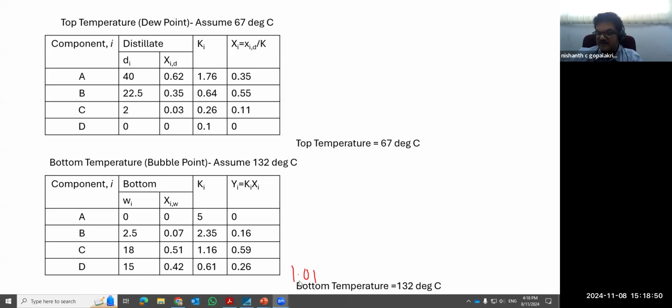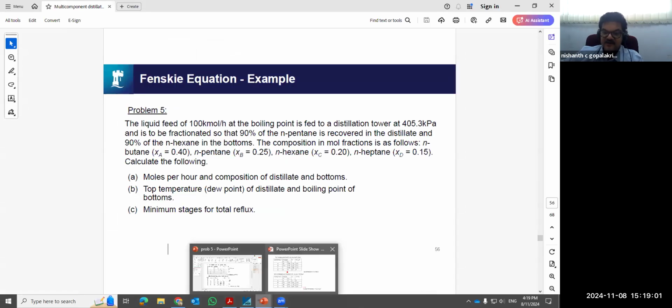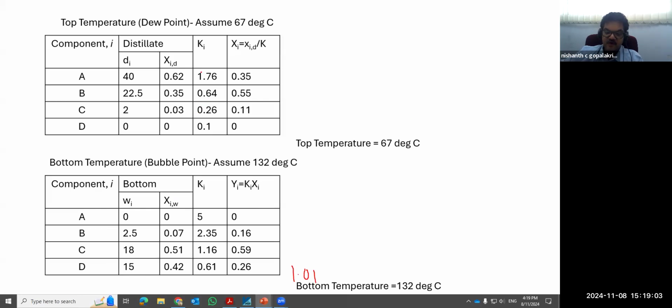The relative volatility means it's the ratio of K values, right? Because K value indicates the tendency to go to vapor. The K value is the tendency of a certain component to go to the vapor. But in order for one thing to go to the top and the other thing to go to the bottom, their K values should be different, right? So the relative volatility is the ratio of K values.